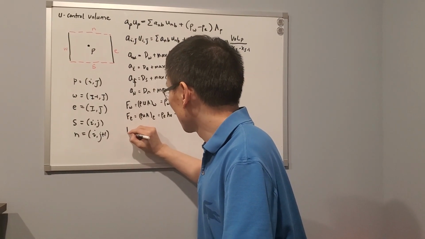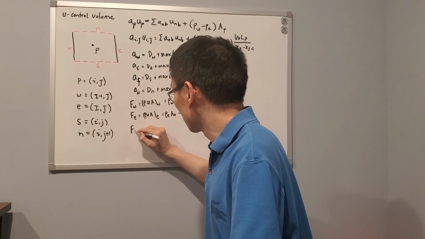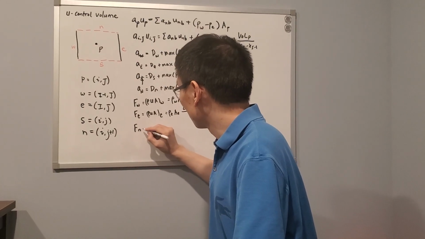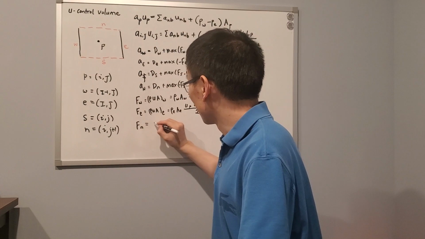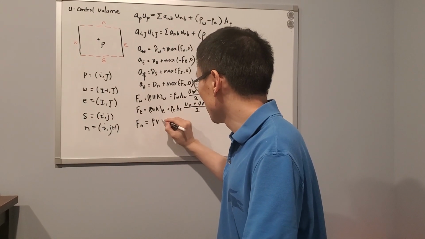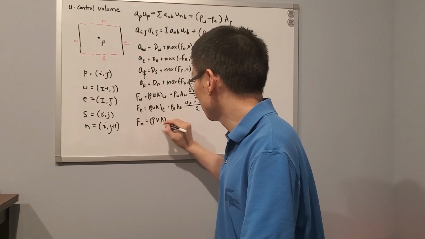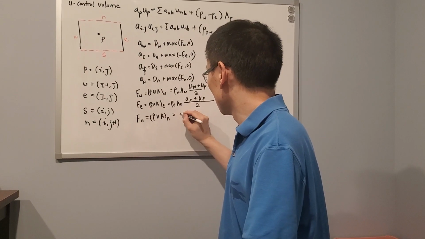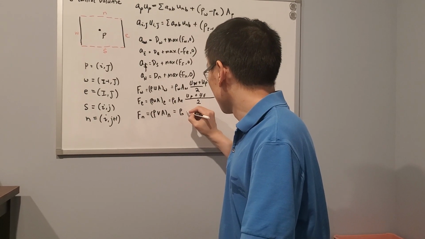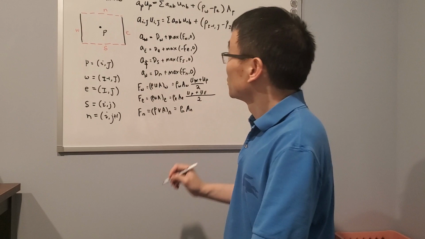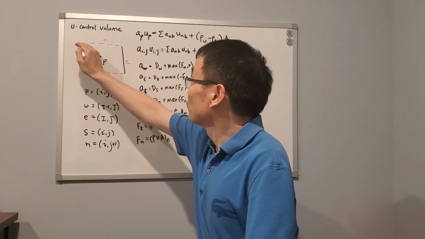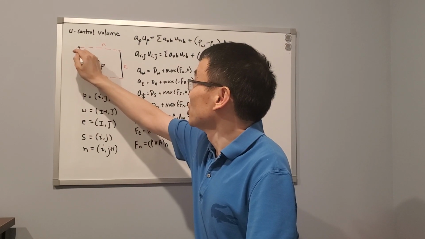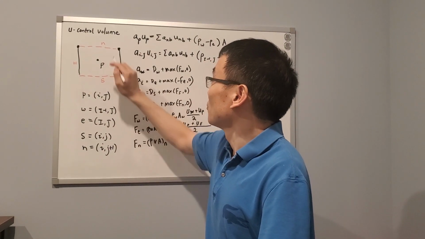Alright, so now let's try to compute the convective flux for north face and south face more carefully. So rho V A N, we have rho N A N. For V, if we look at the north face, we have V over here available, V over there available.